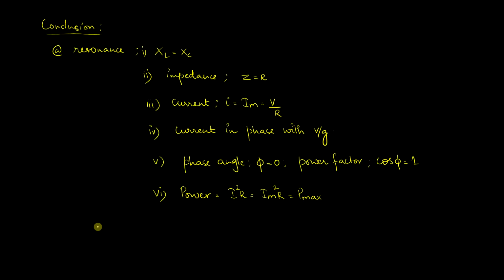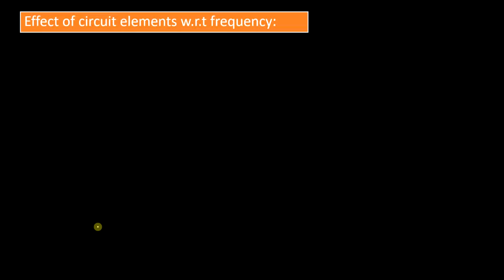Moving on, next let us look into the effect of the circuit elements with respect to frequency. We will be drawing the graph for a resistor, inductor and a capacitor in this case, and then we will try to find what is the total response.